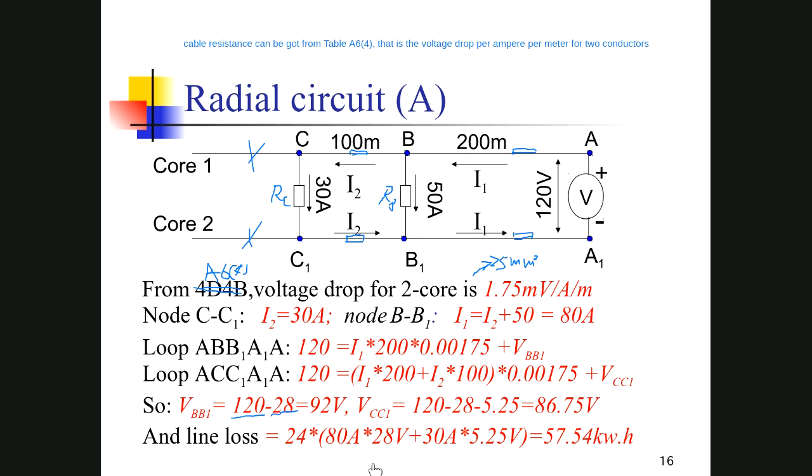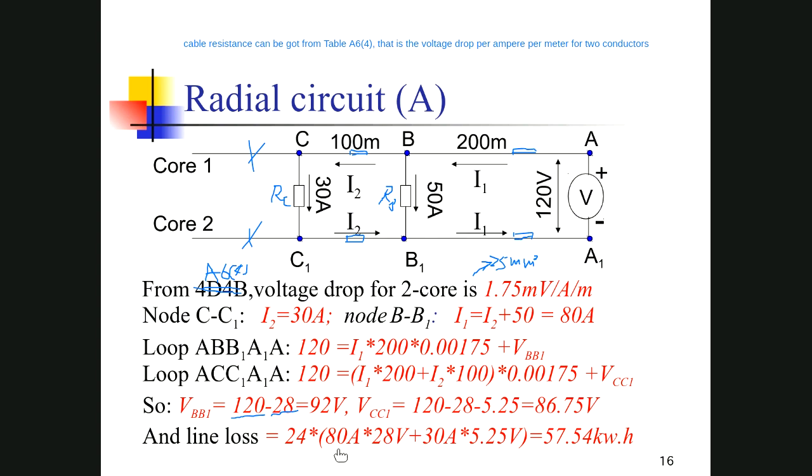Now it has estimations about power losses on the cables. First, for the first 200 meters, it has a current of 80 amperes and a voltage drop of 28 volts.